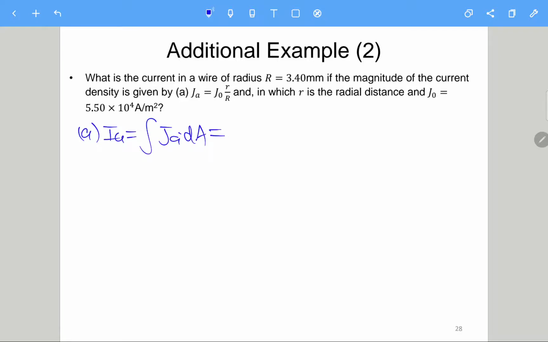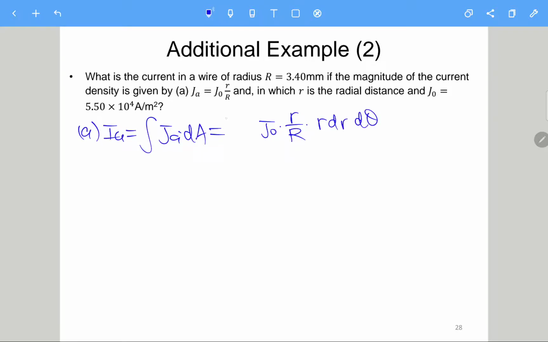JA is J0 times r over capital R, and dA is r dr d theta. The integration is from 0 to 2 pi for theta, and for small r from 0 to capital R. This integration is easy.